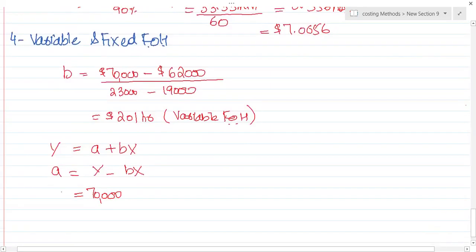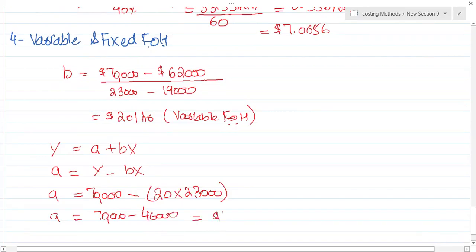Highest cost is 70,000 and what is your unit variable cost? That is 20, and labor hours is 23,000 hours. So I will find my a, that is 70,000 minus 46,000.